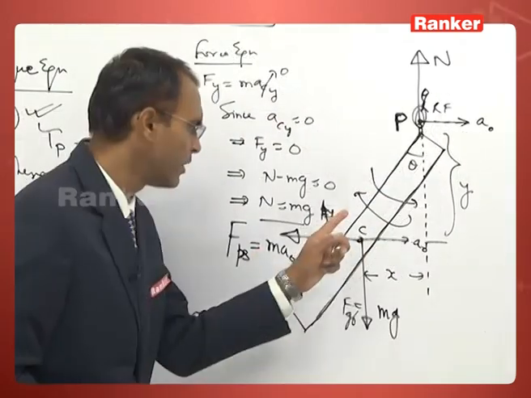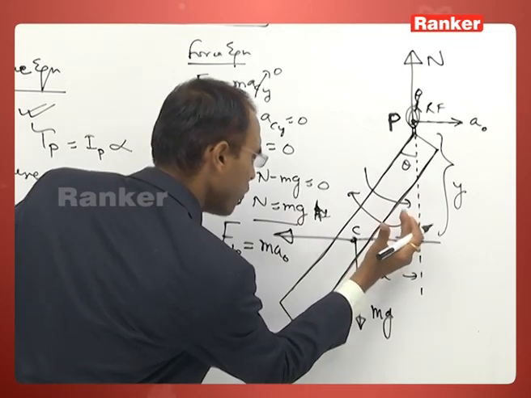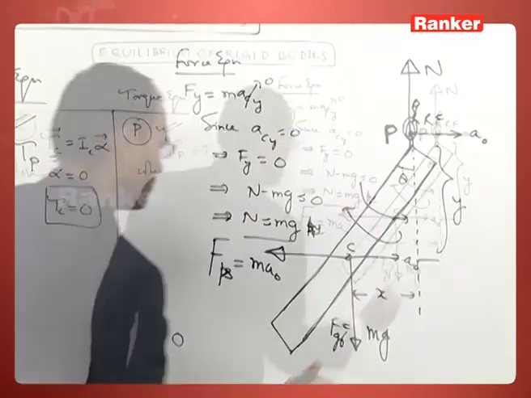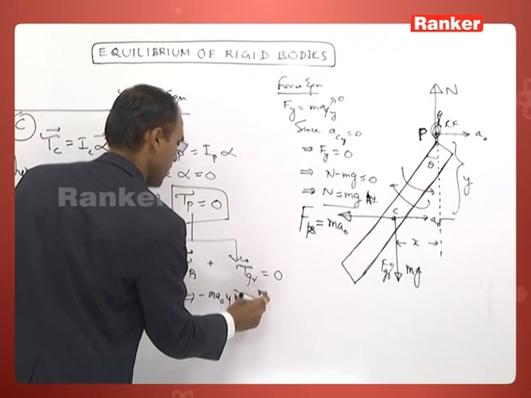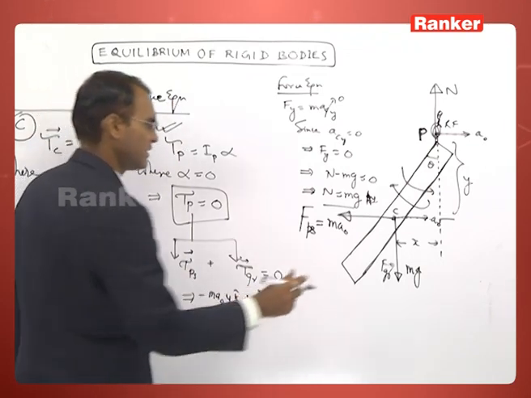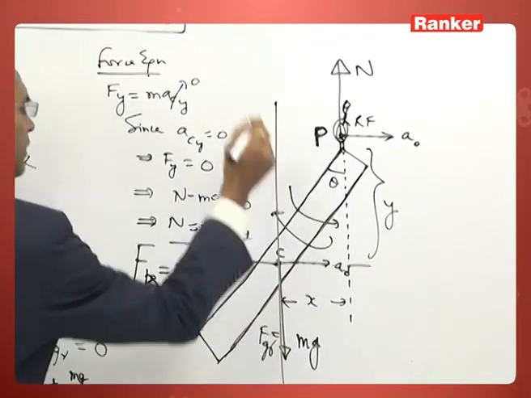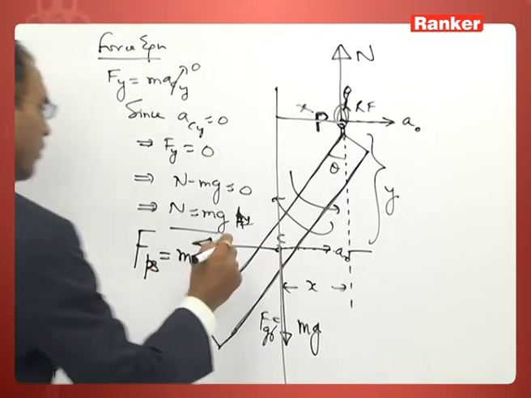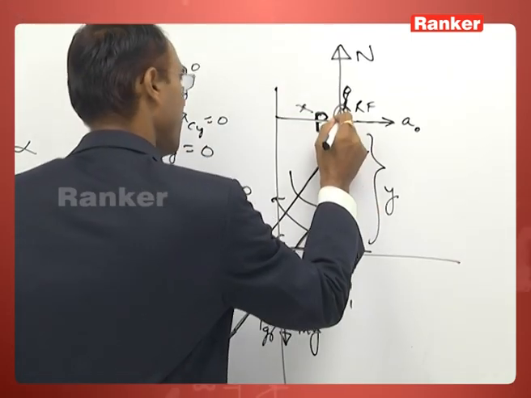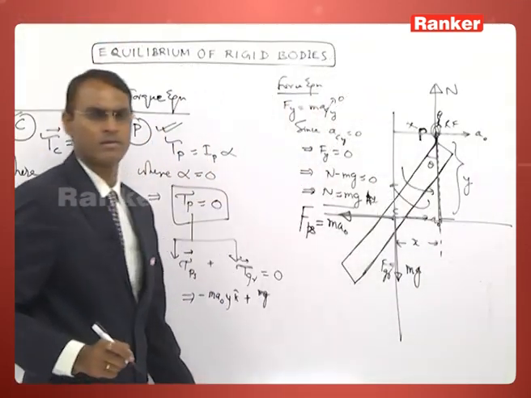The gravitational force produces the counterclockwise torque, that is equal to mg into x. Mg into x, this is the line of action of gravity, this is the perpendicular distance x. For the pseudo force, this is the line of action, and from this point this is the perpendicular distance y.